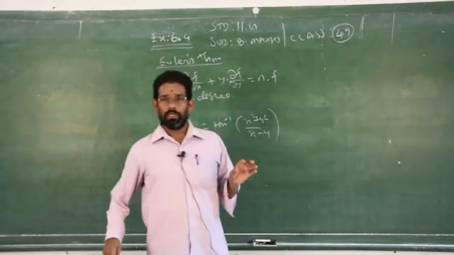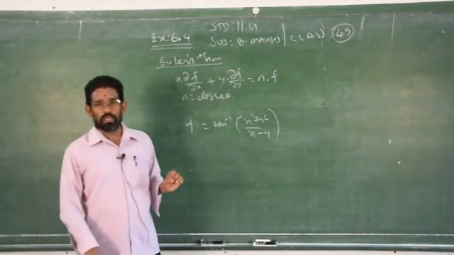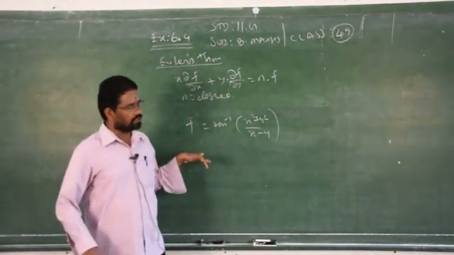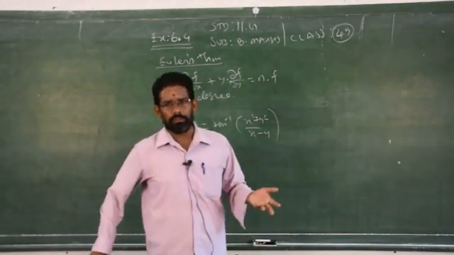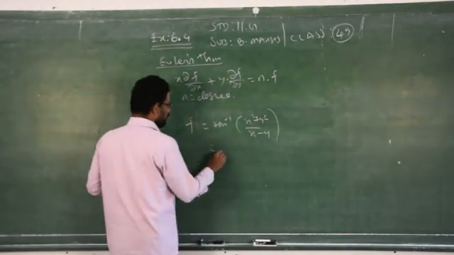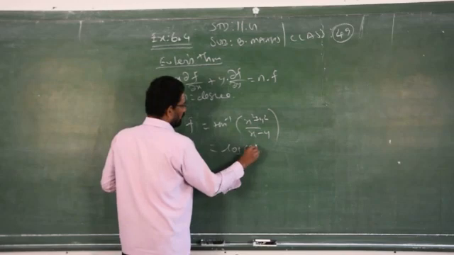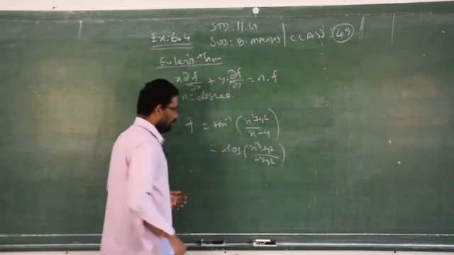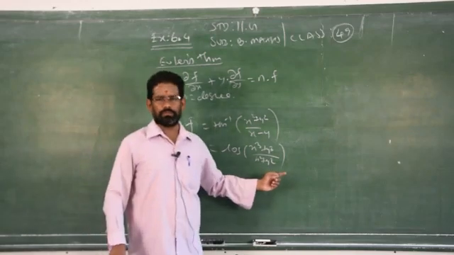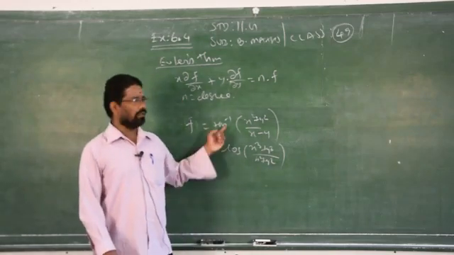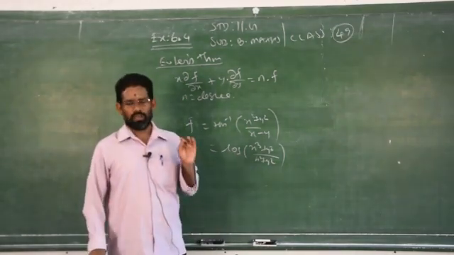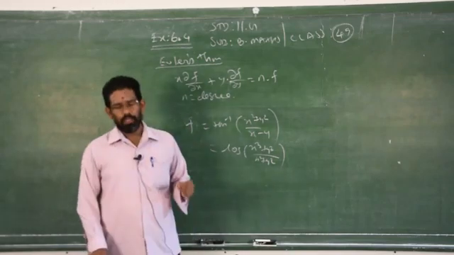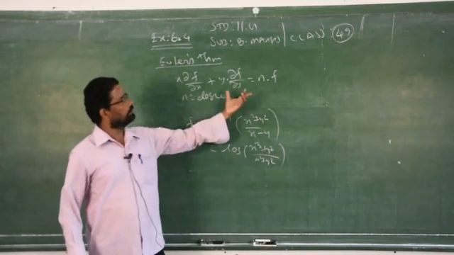The function should not consist of these ratios and inverse functions, like log e, for example the logarithm of x cube plus y cube by x square plus y square. This is also not a homogeneous function. For non-homogeneous functions, you cannot apply Euler's theorem.